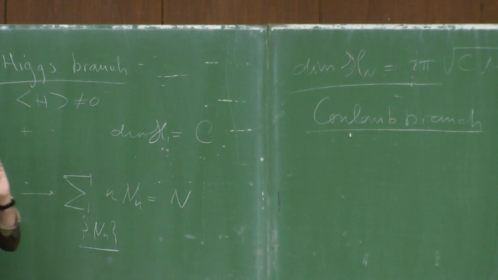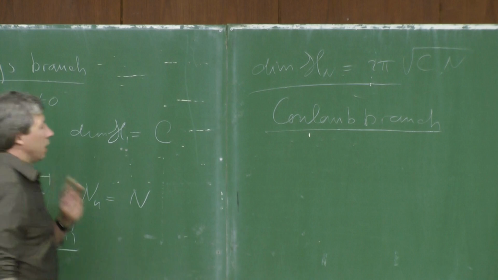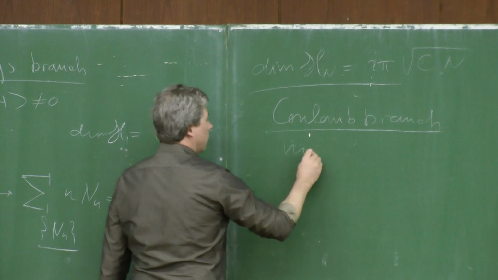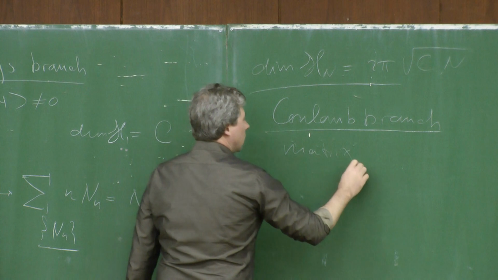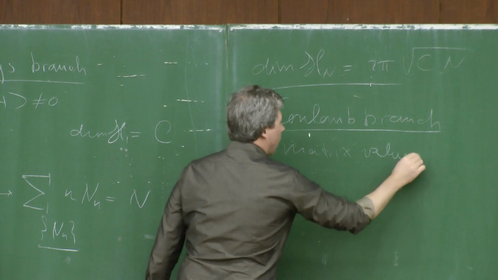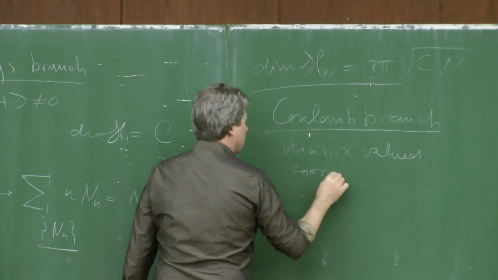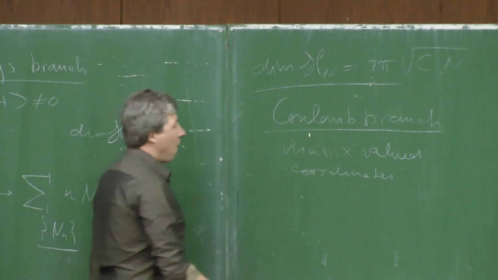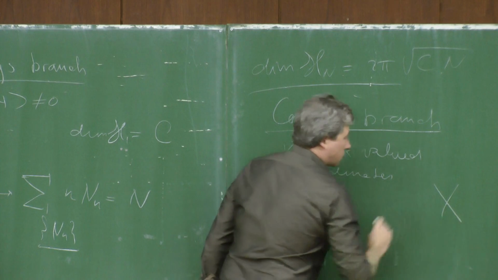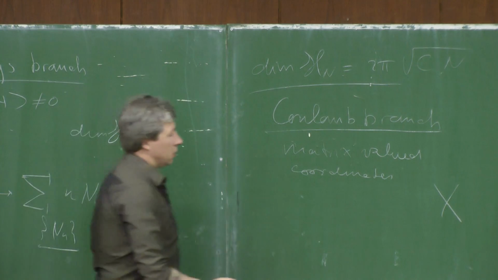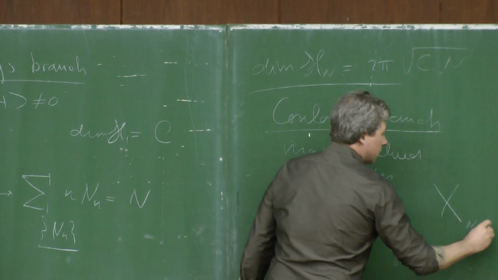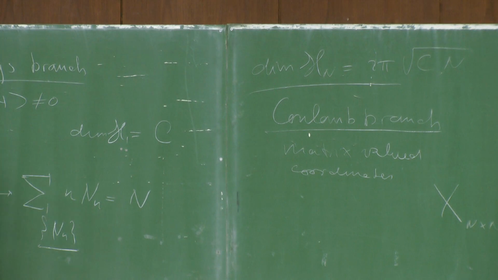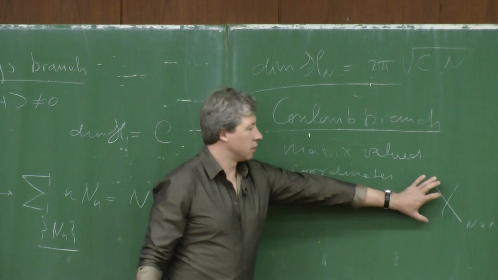And just generically, this must be described by matrix valued coordinates that we start from. We know this in string theory because this is how we describe D-branes. So I think about these coordinates as n by n matrices. And so the N that appears here is going to be related to the size of this matrix.